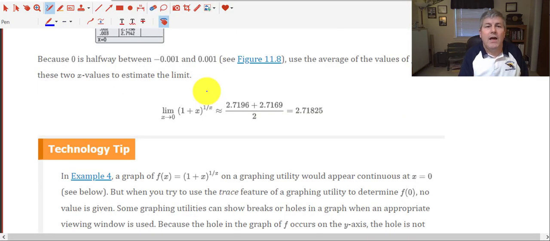So finding the average, or the halfway between those two particular points, we can see that the limit as x approaches 0 of 1 plus x, all raised to the 1 over x, is approximately equal to the average of those two particular values, or 2.71825, which actually is really close to our value of e.